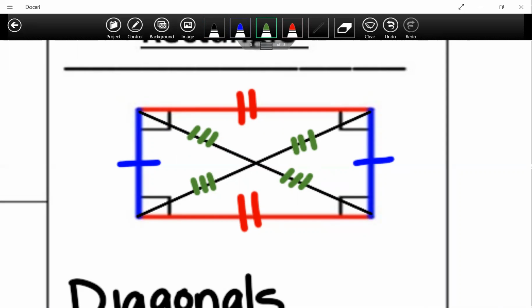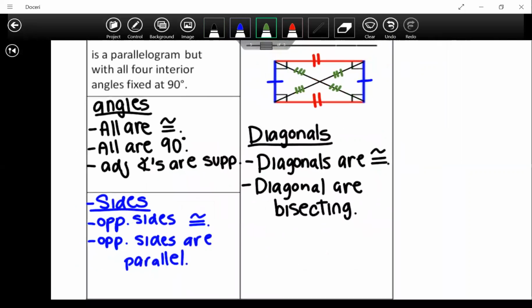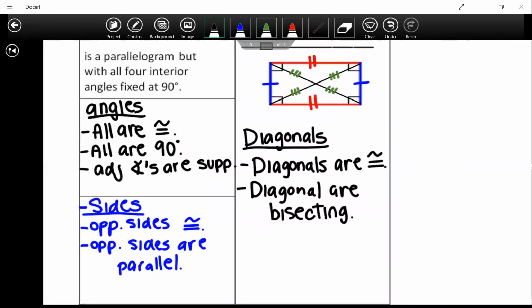So all the 4 parts in a rectangle that are bisected are equal to each other. And that's what we're going to put as well. Bisecting parts are congruent.